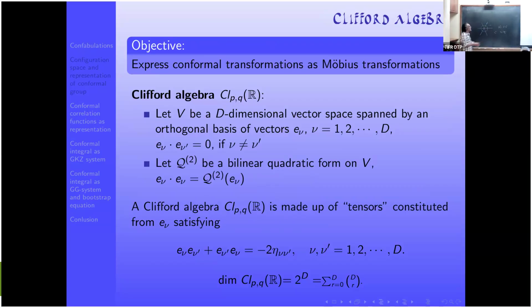So some signs, the signature, some are plus, some are minus signs. There's a standard way of defining a Clifford algebra. So start with this D-dimensional vector space of e's with this property. A Clifford algebra is made up of tensors out of this. So it essentially means multiplication, so it will be like e1, e2, etc. of en to V.